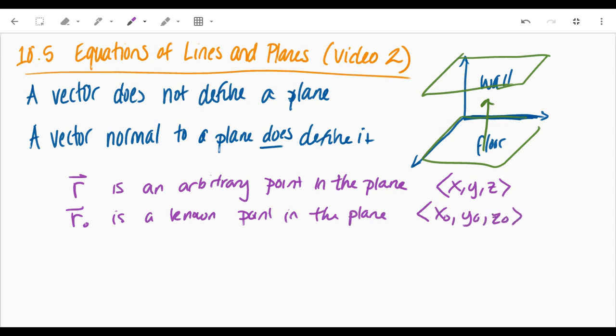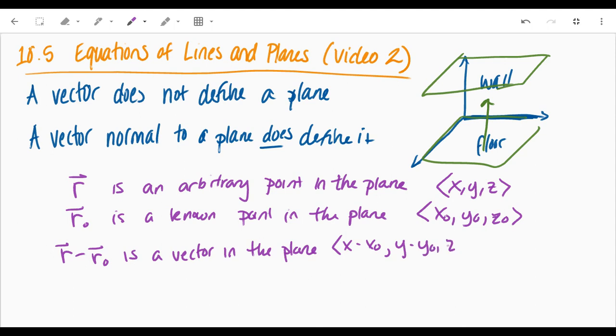Then r minus r naught is a vector in the plane. So we would have x minus x naught, y minus y naught, z minus z naught as a vector in the plane.